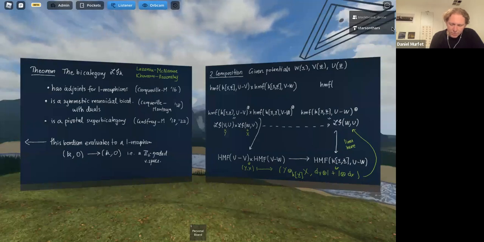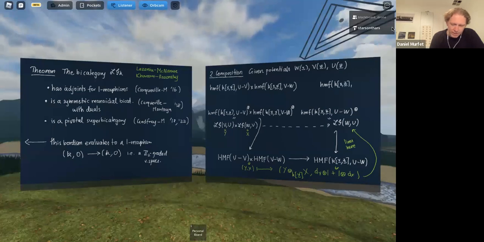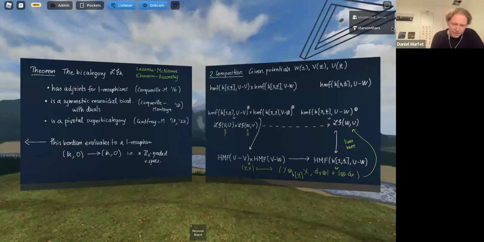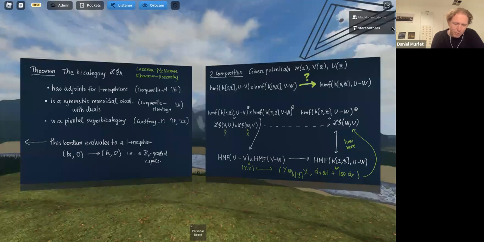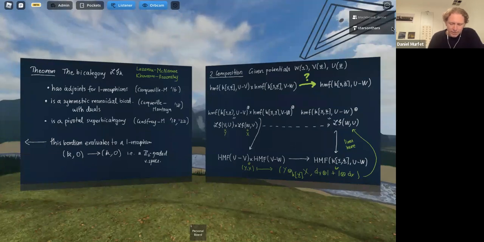So if I ask for a composition that looks like this, it's not surprising. I mean, I could ask for a composition that just goes straight from here to here. Right, takes in two finite rank things and gives me a finite rank thing. You could ask if that exists.